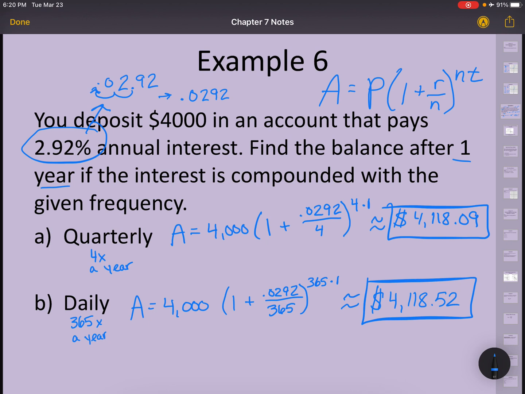Okay, so the difference between quarterly and daily is just a mere few cents. So when you compare to see what's the better deal, compounded quarterly or daily, you can calculate to see what's the better option.